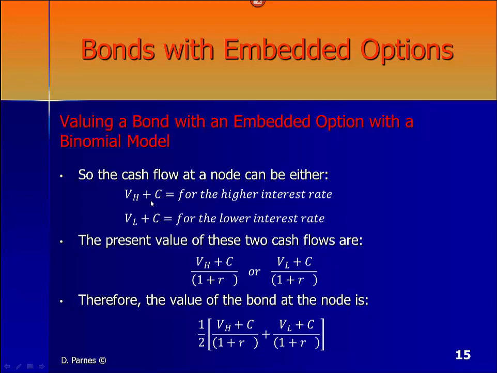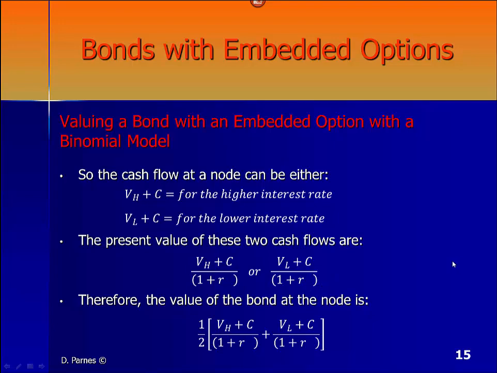Basically, when you want to discount those cash flows to present time, you do either the VH plus C divided by 1 plus the interest rate, and here I left it open to add some time, okay? Are the interest rate at some year number 1, 2, 3, whatever it is, or VL plus C, the value of the bond plus the coupon, you're discounting it by 1 plus the interest rate at that point.